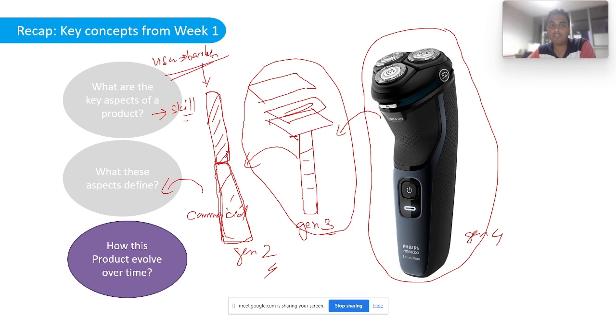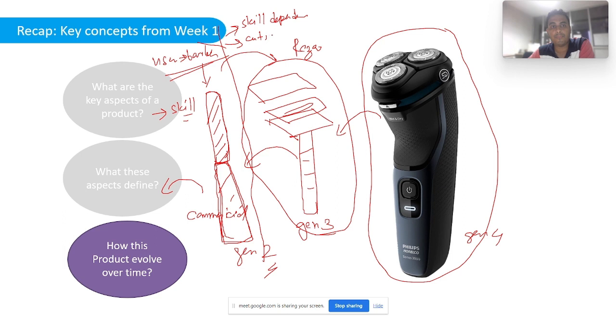Now the issues which this particular product solves are the shortfalls that the previous product has. If this is a razor, the first one is that it needs some skill dependency. Then you can also say there are chances of cuts and bruises because of this form factor.